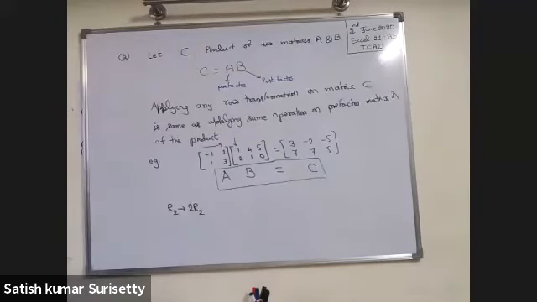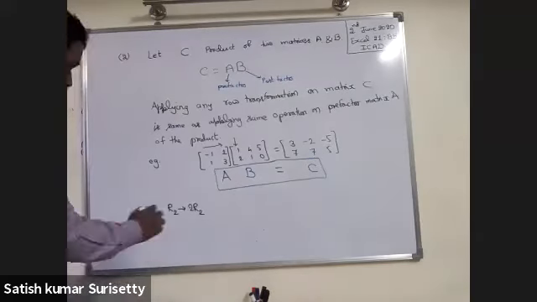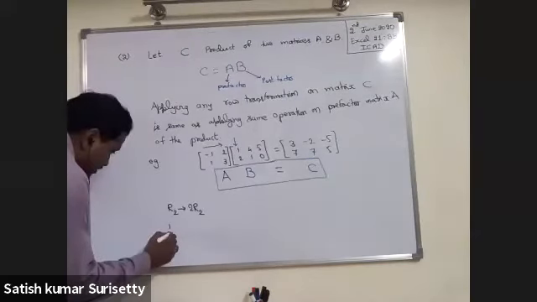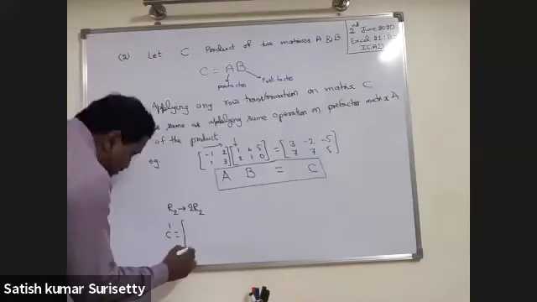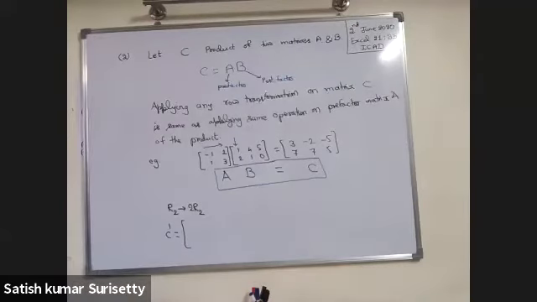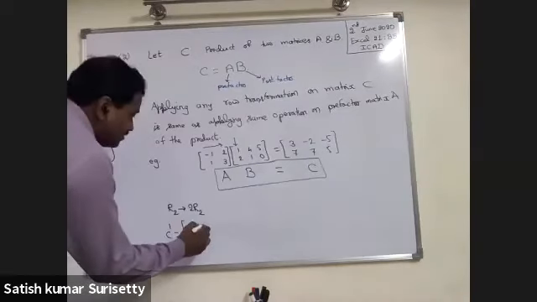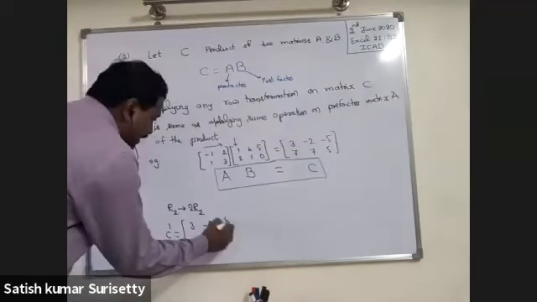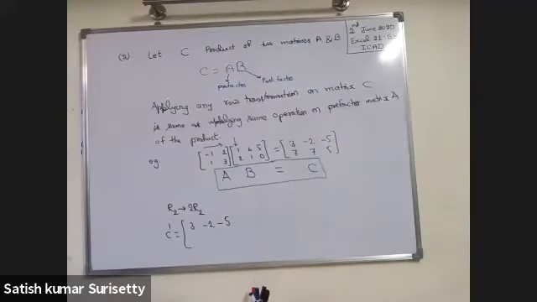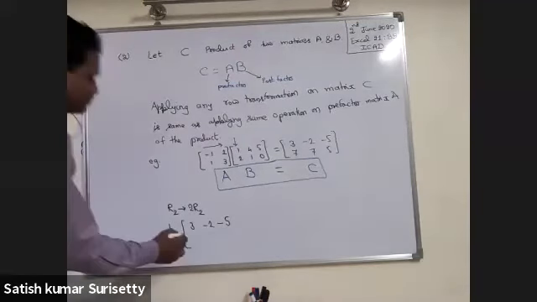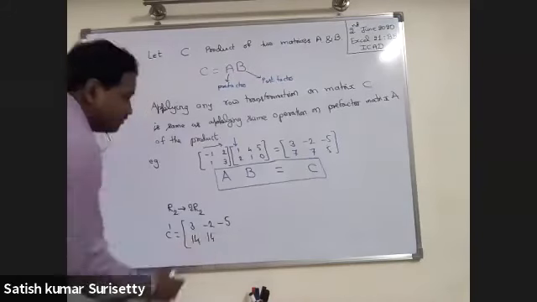Now what new matrix C dash will be obtained? First row will be as it is, 3 minus 2 minus 5. What about the second row? 14, 14, 10.